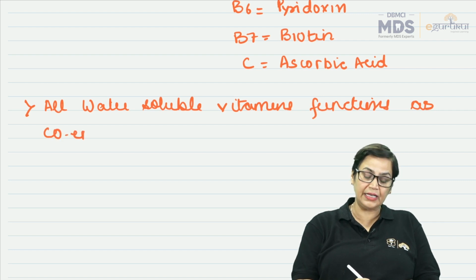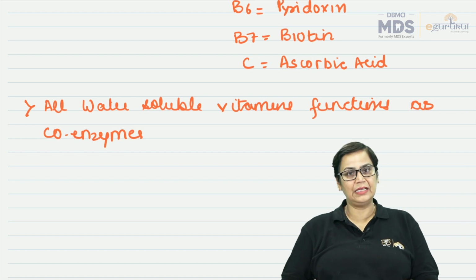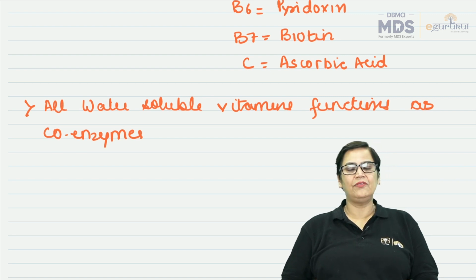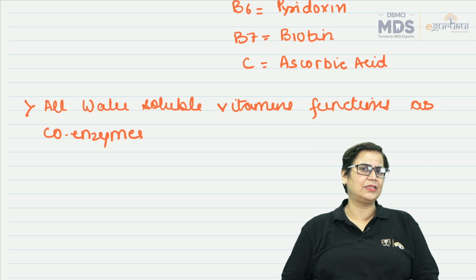We have already discussed what coenzymes are, which work in cooperation with the enzyme. And you will see that all the vitamins which belong to the B complex category will be used as the most important coenzymes.